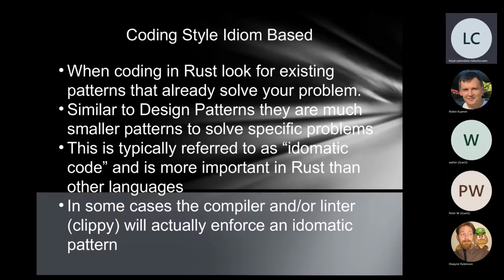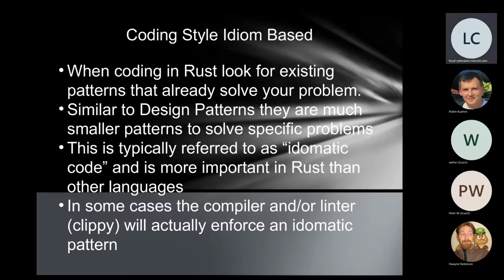To that end, the coding style is idiom-based. So if folks are familiar with design patterns, the idiom paradigm is like little mini design patterns. They are 3 to 5 lines of code, typically, sometimes just even 1 line of code if it's still fairly complex.